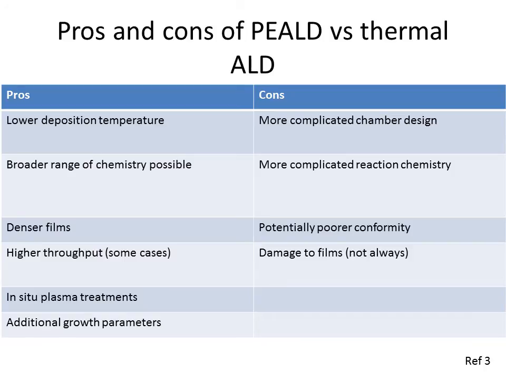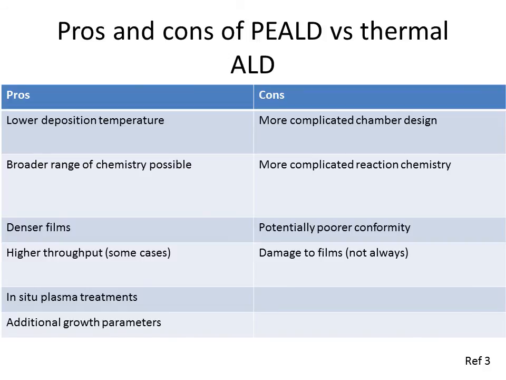In general, we should make a brief comparison between ALD and PEALD. This table summarizes the main points. PEALD will typically have a lower deposition temperature and thus can preserve the substrate from damage. PEALD allows a broader range of possible materials to be deposited, but also presents more complicated reaction chemistry.